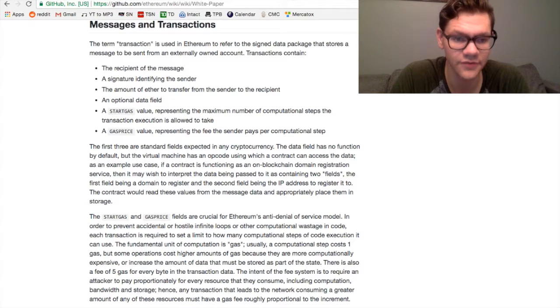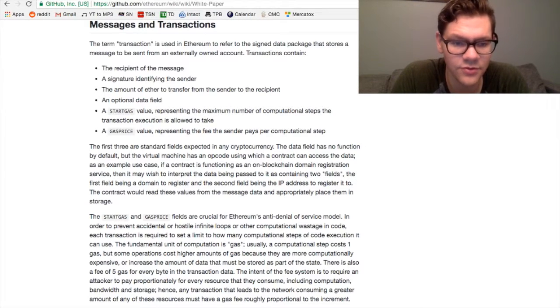The first three are standard fields expected in any cryptocurrency. The data field has no function by default, but the virtual machine has an opcode using which a contract can access the data.